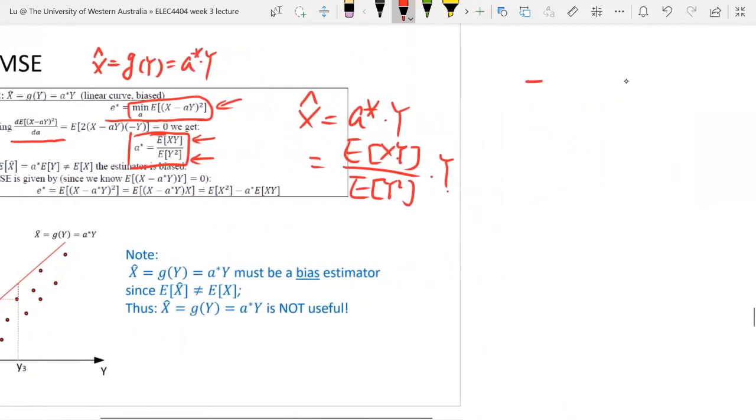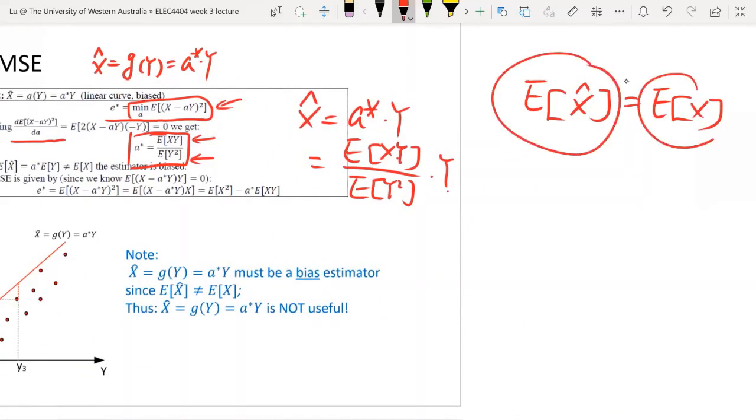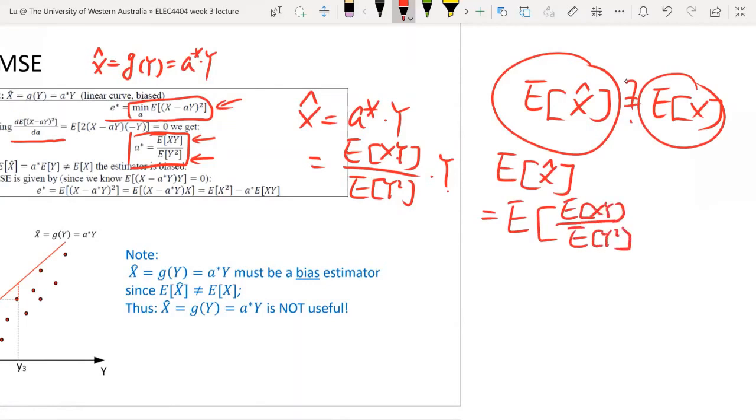Such rule is we want the expectation of the x hat to be the same as the expectation of the x variable. So in other words, we want to examine, are they the same, to judge if this x hat equals a times y is good or bad. Okay, so we want to calculate the expectation of the x hat, which is equal to the expectation of E[xy] divided by E[y squared] times y.